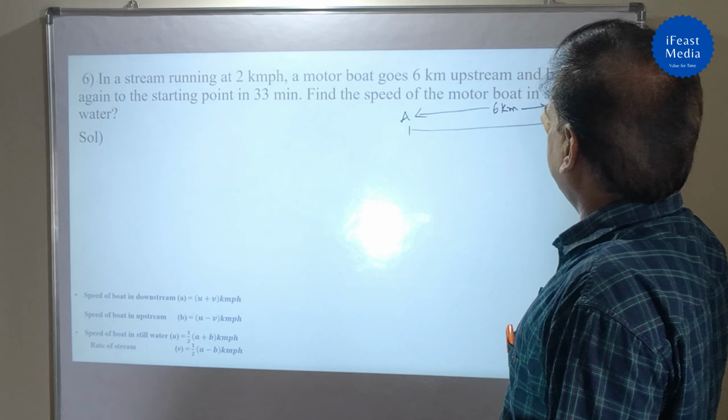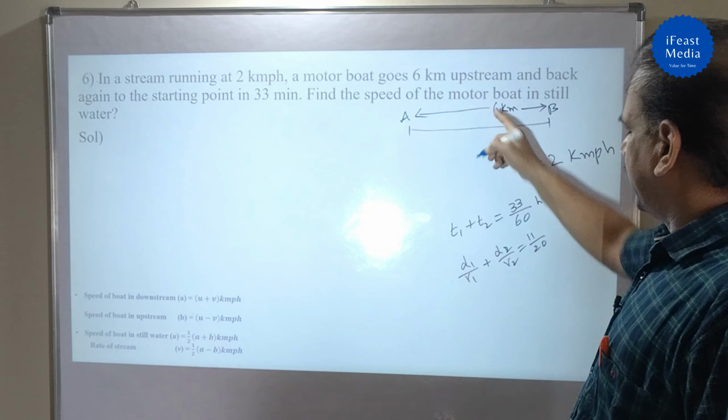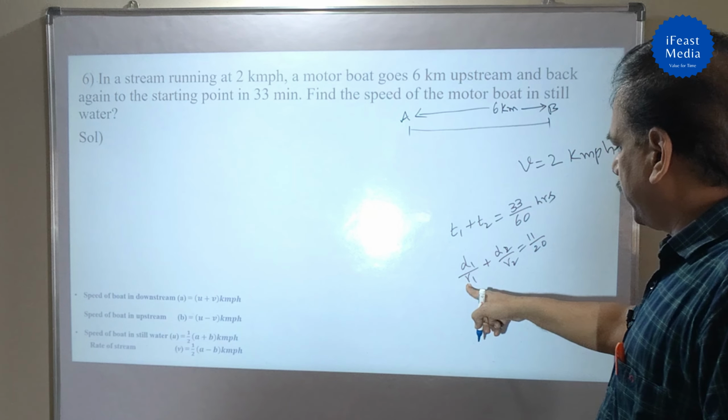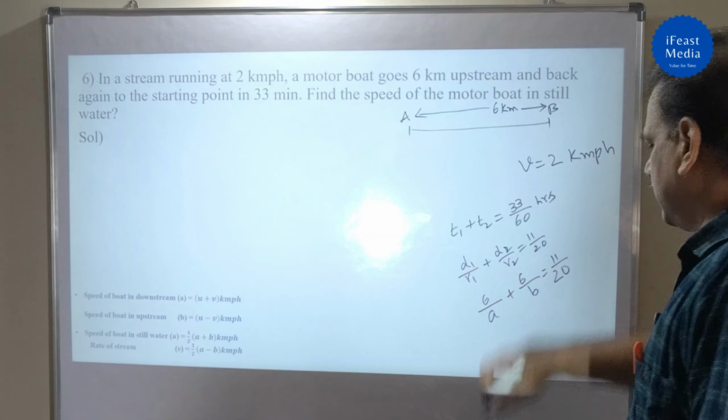D1 by V1 plus D2 by V2, but here 11 by 20. Again D1 and D2 are 6, on both sides it is 6. 6 by speed of the boat in downstream plus 6 by speed of the boat in upstream is 11 by 20.